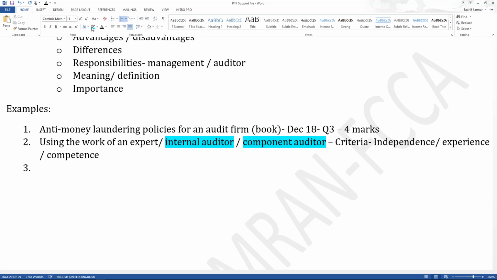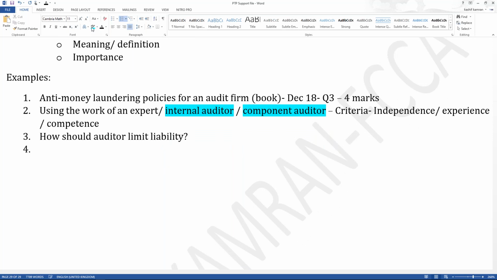You should know areas like how the auditor should limit liability. This will come from the article on auditor liability. You should know in what situations the auditor is liable.